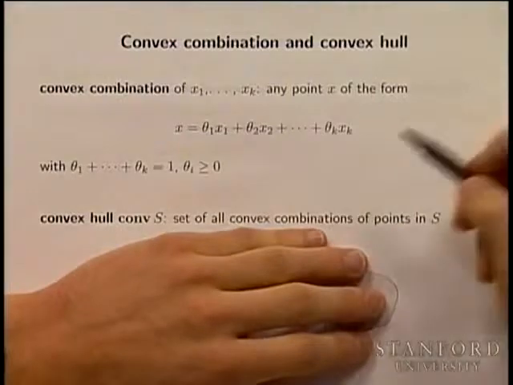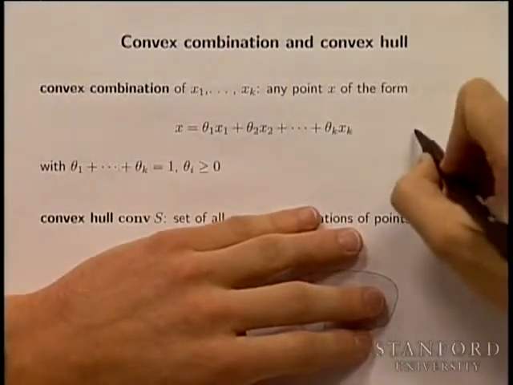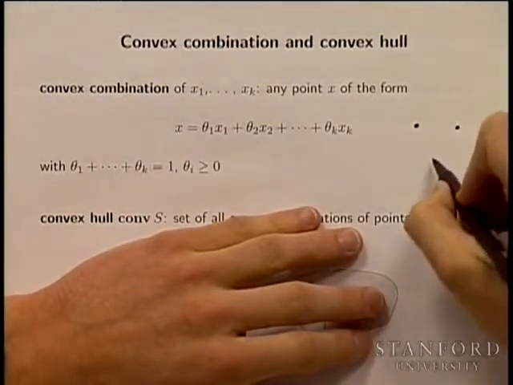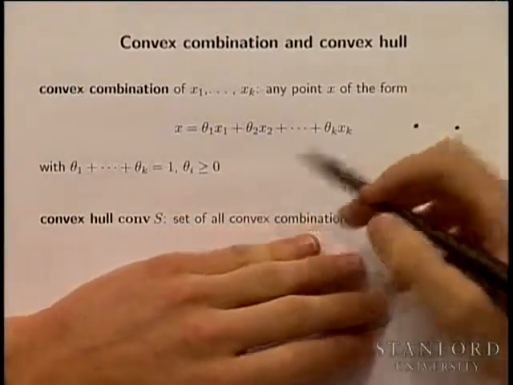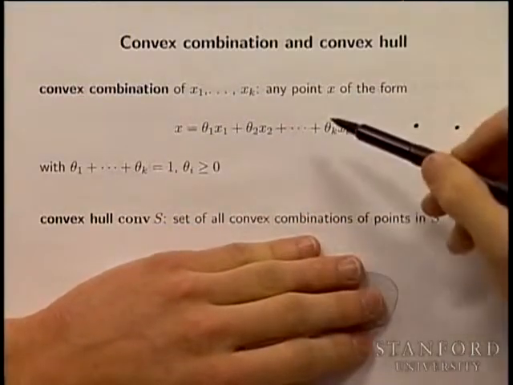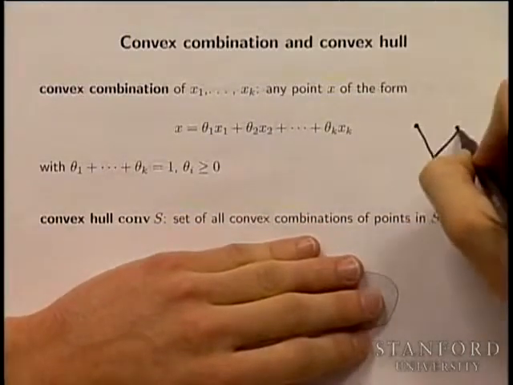So if we had 3 points like this, we'll see that the set of all convex combinations actually looks something like this.